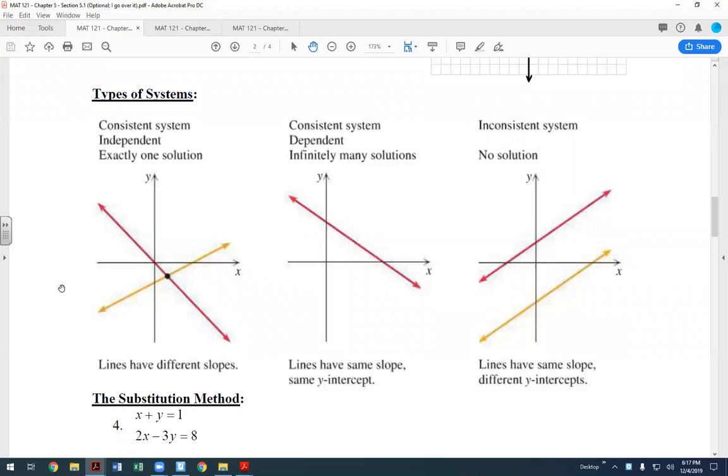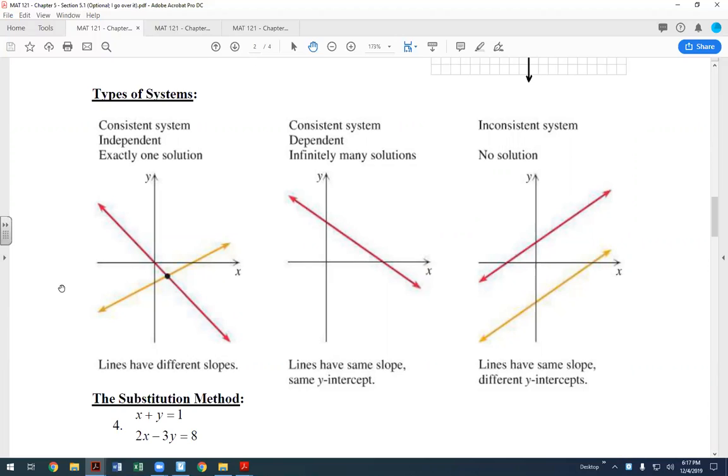Now, the second thing that can happen, they can be the same line. So they can basically be overlapping lines. And if they are overlapping lines, all points are basically points of intersection, right? Because they're the same points, which means all those points on the line will satisfy your system of equations. So again, we say it's a consistent system, but in this case, the lines are dependent.